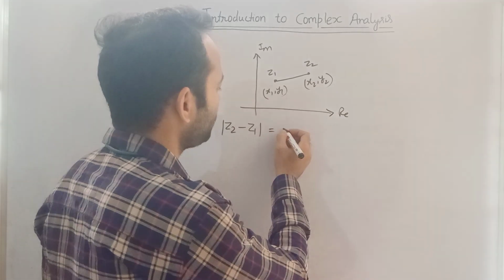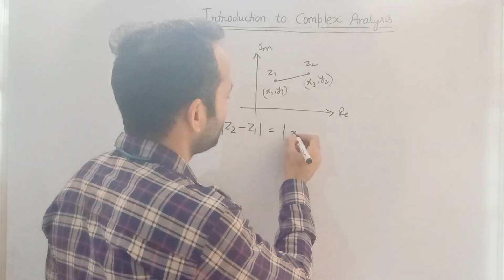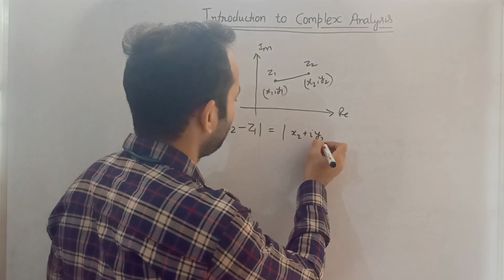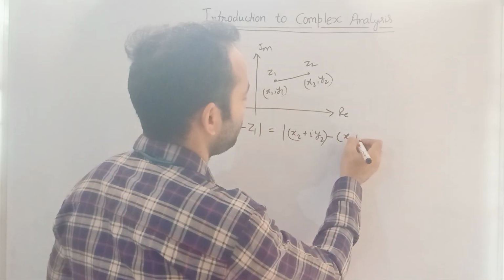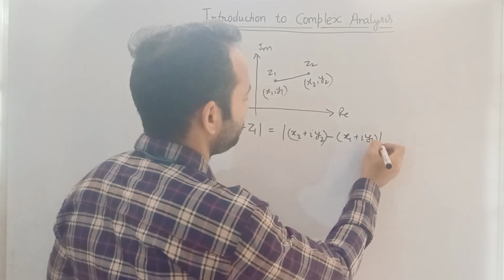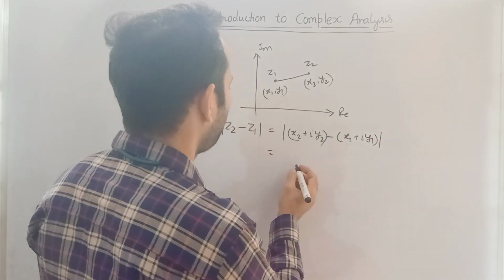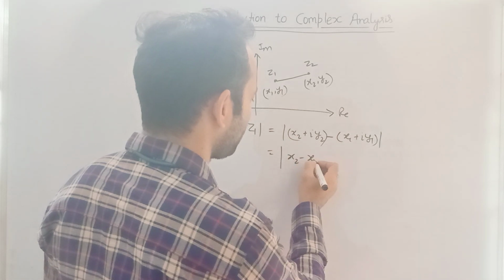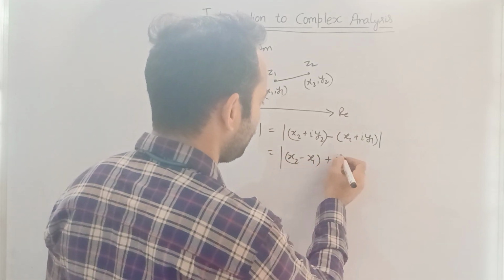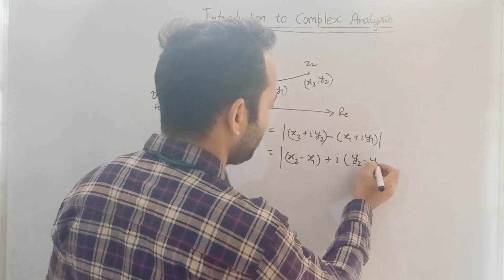So just find it out. z2 is what? x2 plus iy2 minus x1 plus iy1. Alright, so it is what? x2 minus x1 plus i times y2 minus y1.